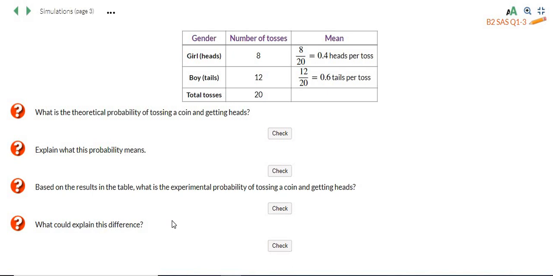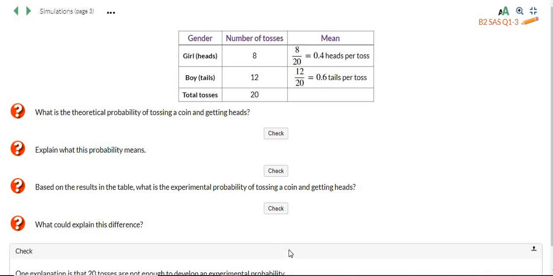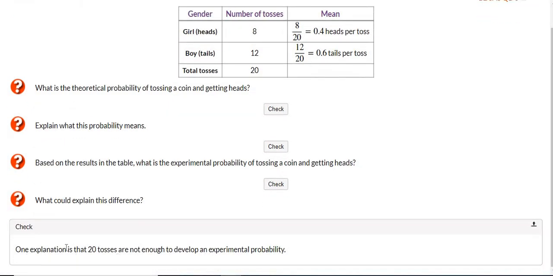One explanation is that 20 tosses are not enough to develop an experimental probability. That is why it was a little different than 50-50. If they would have done more tosses, it would have gotten closer to 50%. So that is the difference.